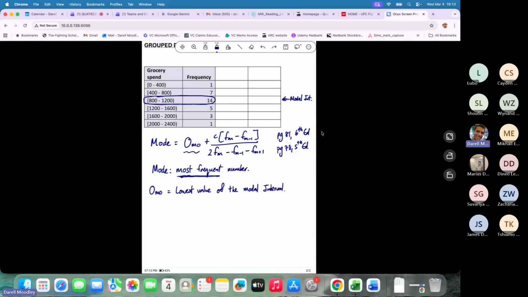Your C is just like before, it doesn't change. It's the class width, like how we did it for the median. Then you have the symbol FM. This is the frequency of the modal interval.